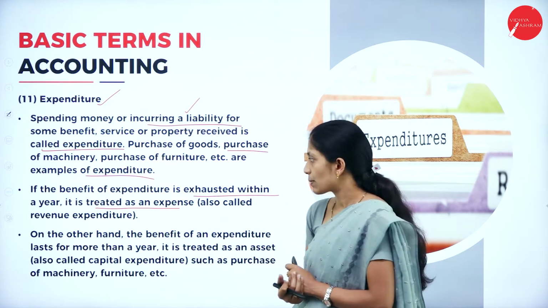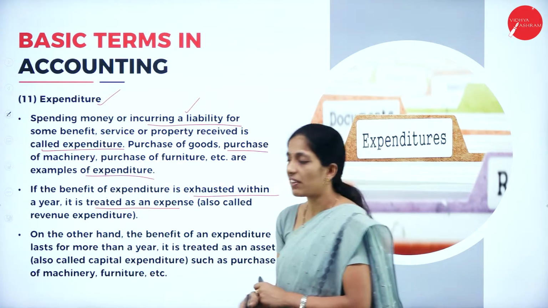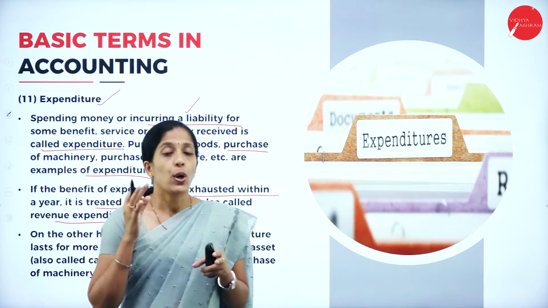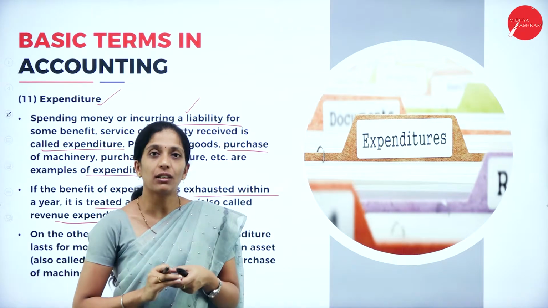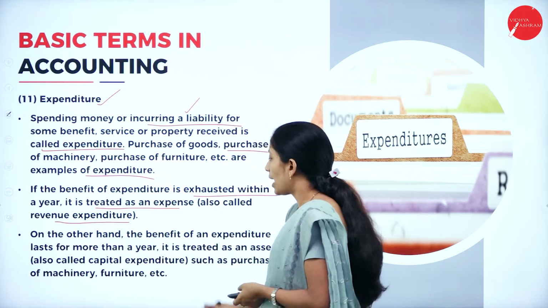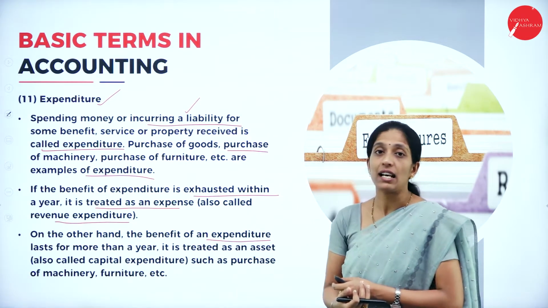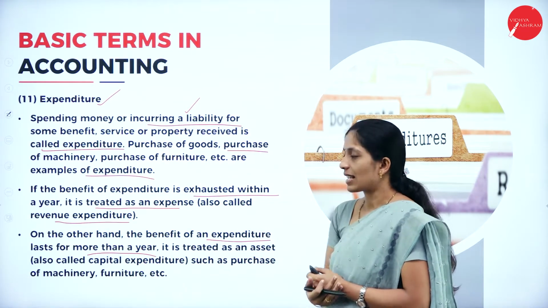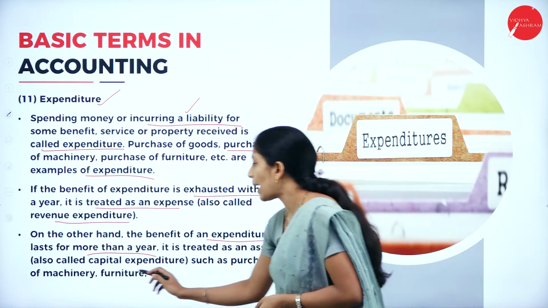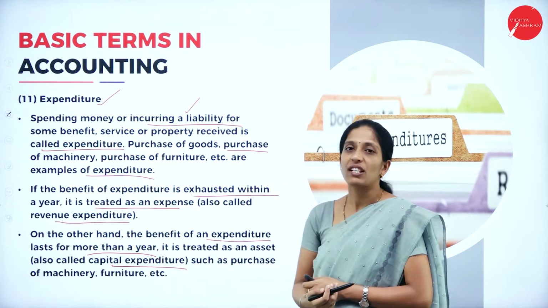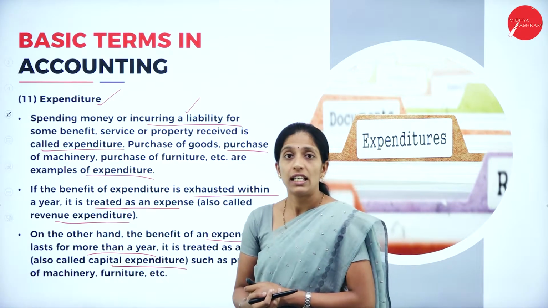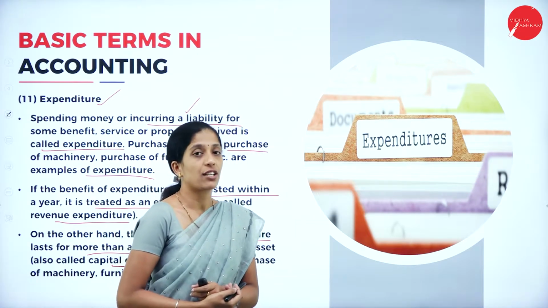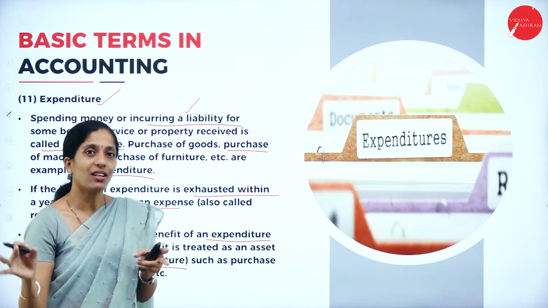On the other hand, if the benefit of an expenditure lasts for more than 1 year, it is treated as an asset, also called capital expenditure, such as the purchase of machinery, furniture, land, etc. These are the best examples of capital expenditure, where the benefit lasts more than 1 year.